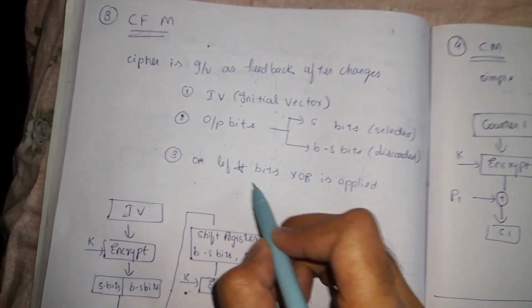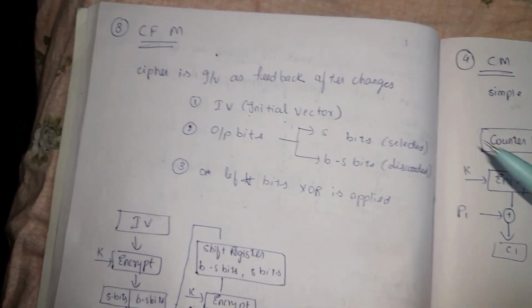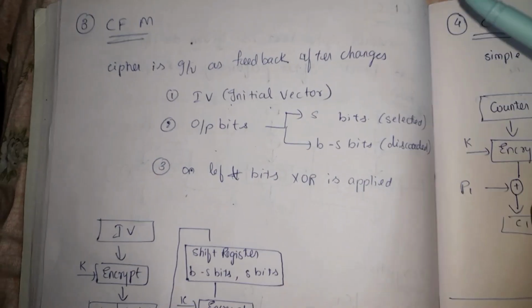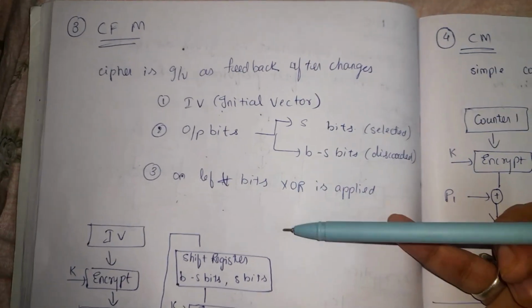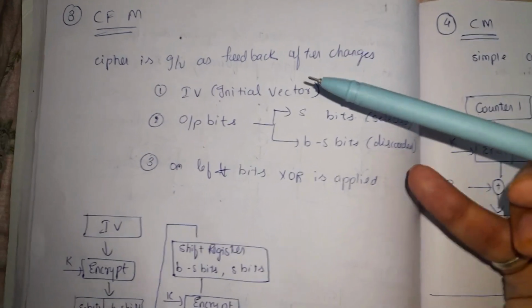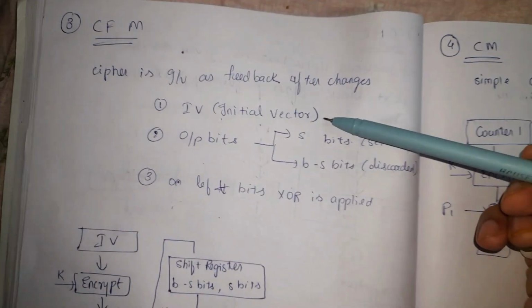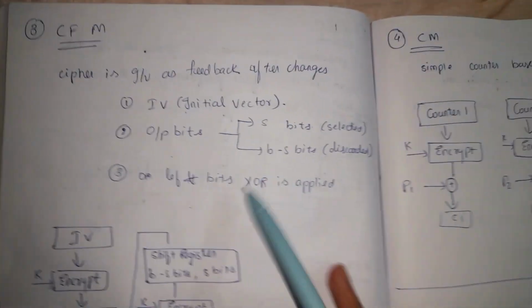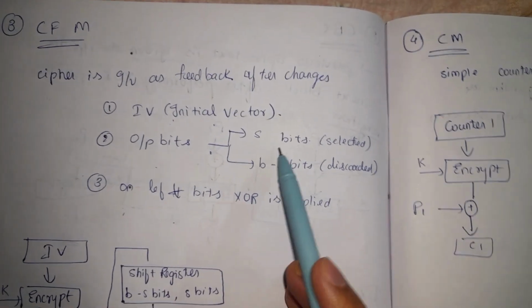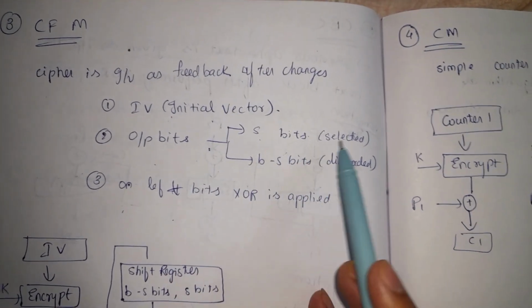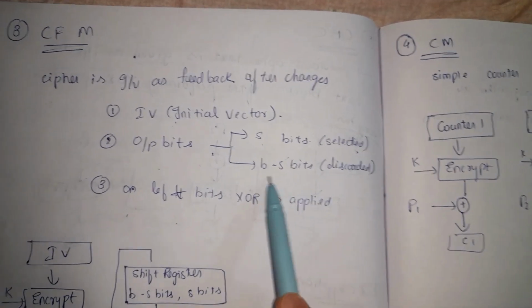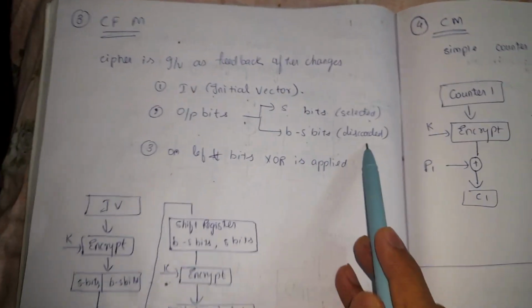There are three steps which need to be performed in the cipher feedback method. There is the initial vector and the output bits. The output bits are split into two parts: S bits, which stand for selected bits, and the remaining bits, which are discarded bits.